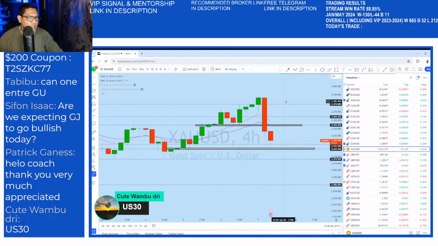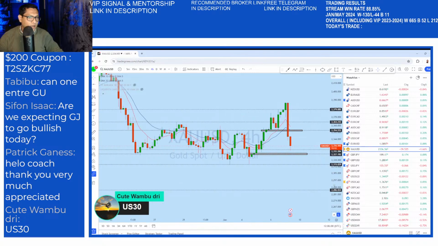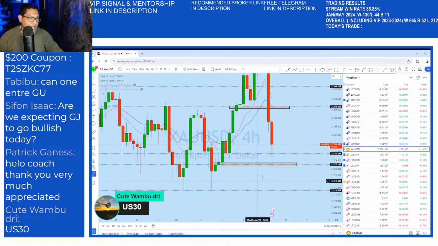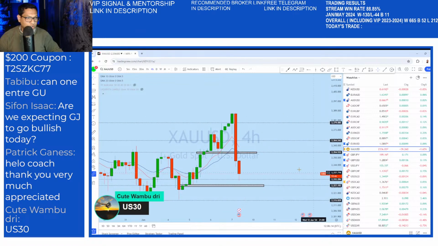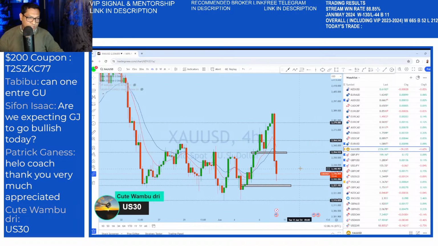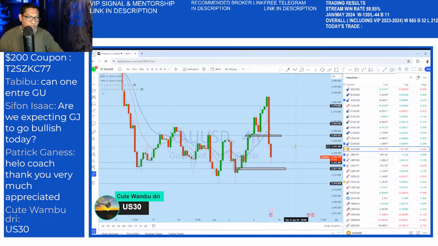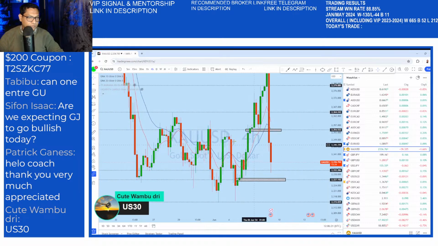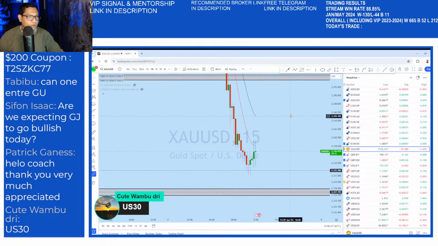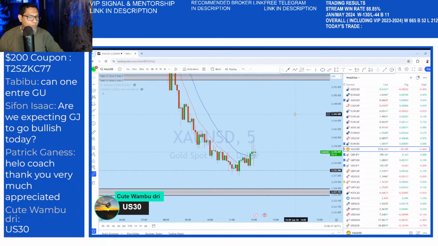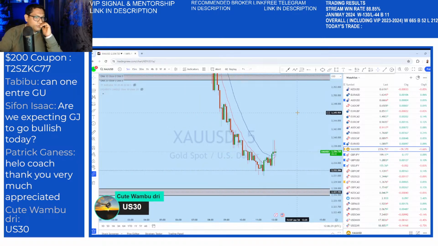So it's still a two-way situation. We might see a breakdown, or we might see continuation to the upside. I wouldn't say any direction yet. Both ways are possible. Both directional movements are possible in the market.